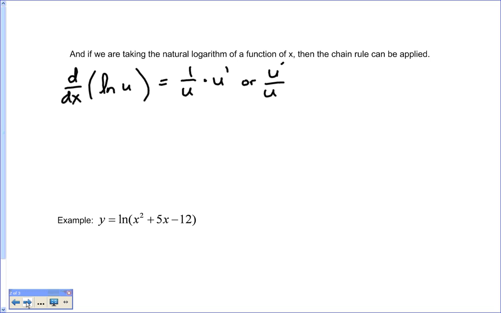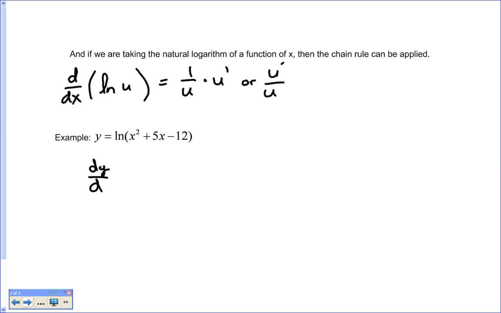So for this problem here, to calculate the derivative, dy dx is going to equal, this is my u, so it's going to be 1 over u, so the x squared plus 5x minus 12 is my u, so it takes the place in the denominator.